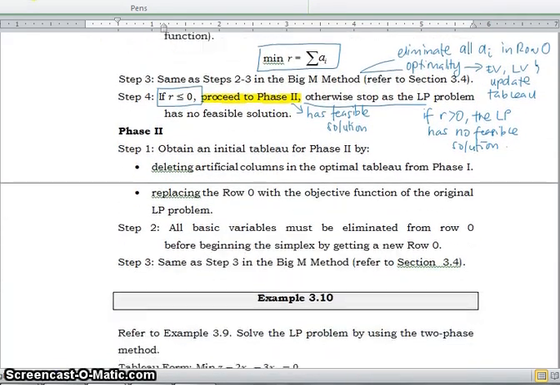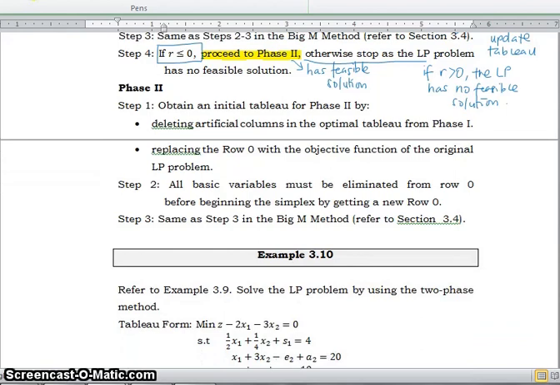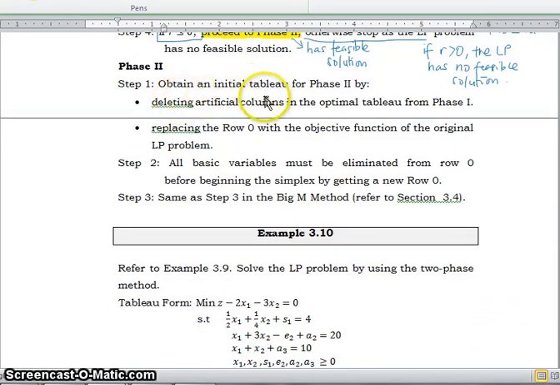In phase 2, you need to write the initial tableau. This is done by deleting all artificial columns in the optimal tableau from phase 1, and then replacing row 0 with the objective function of the original LP problem.